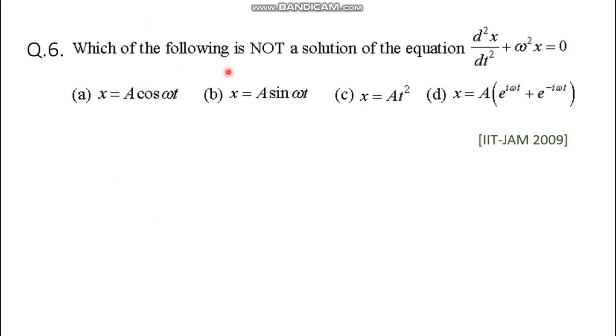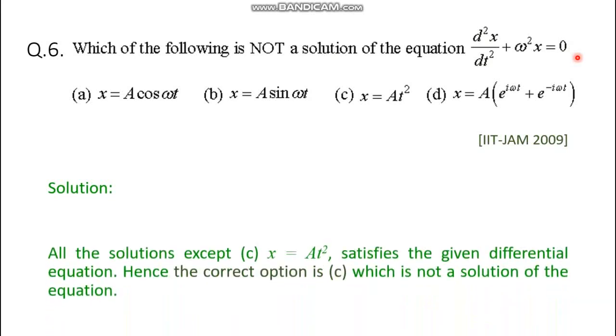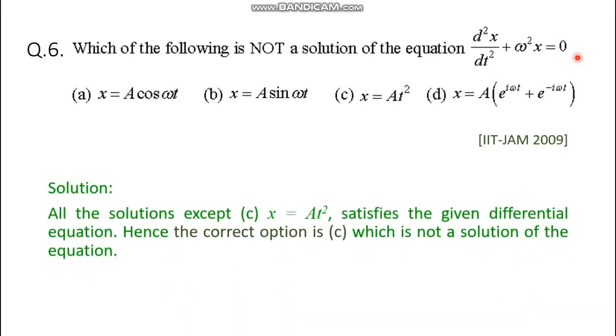Which of the following is not a solution of this equation equals 0? These types of equations we have to deal with in quantum mechanics, so let's solve this question. All the solutions except the option x equals a t² satisfy the given differential equation.